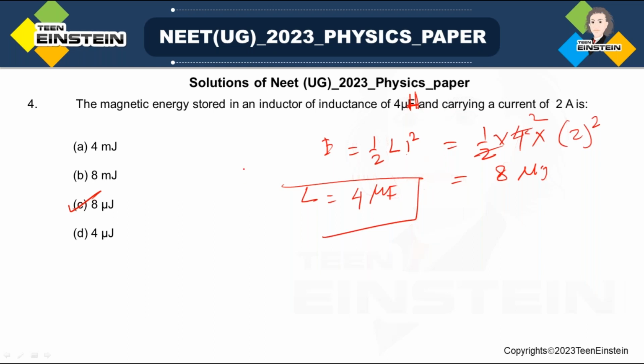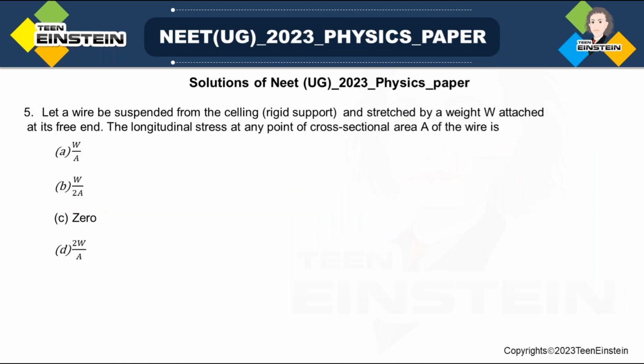So this problem says let a wire be suspended from a ceiling rigid support, and stretched by a weight W attached at its free end.